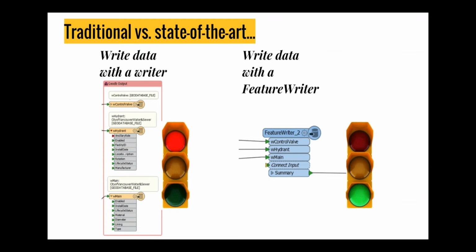But it's really just the traditional way where we often wrote our data out to a writer feature type that ended the translation, and when it was all done, there was not much you could do with it. And so with the feature writer, now we have the ability to do some post-processing fun stuff after the fact. We'll go through a few of the examples of things that we have thought of so far, but this is a game changer.